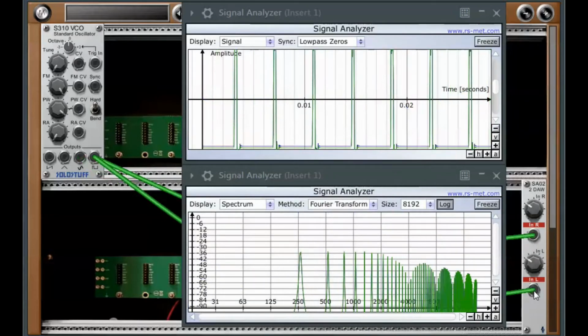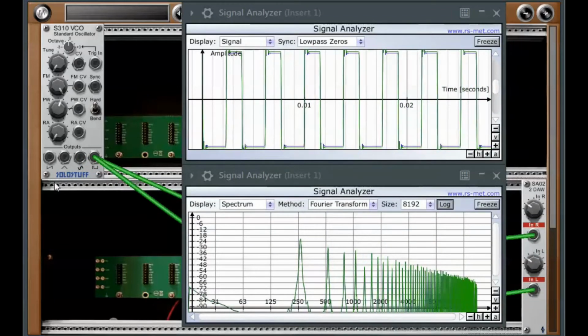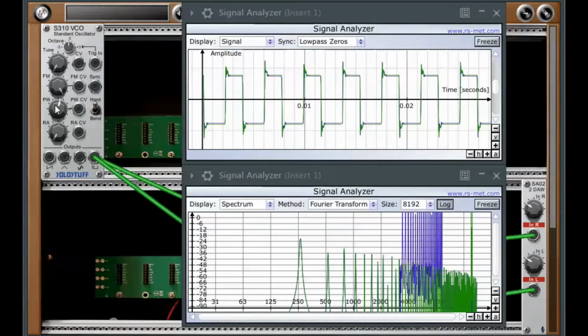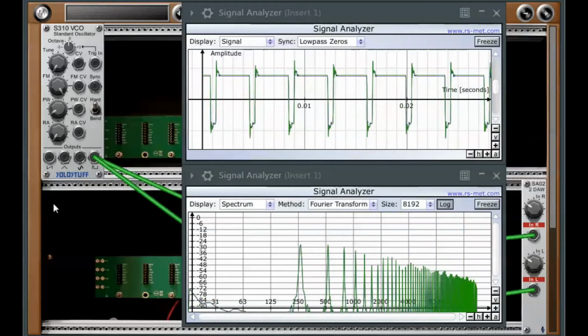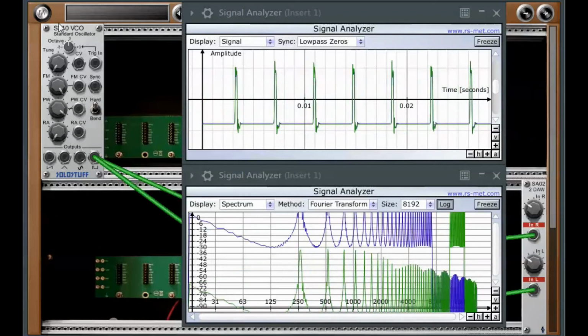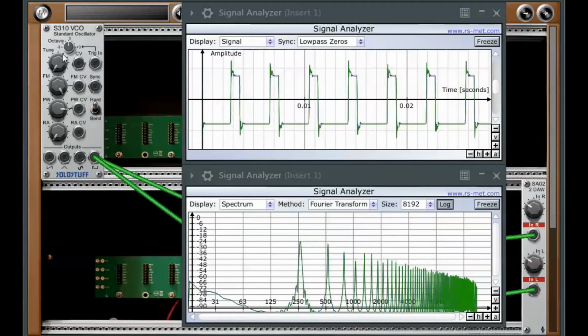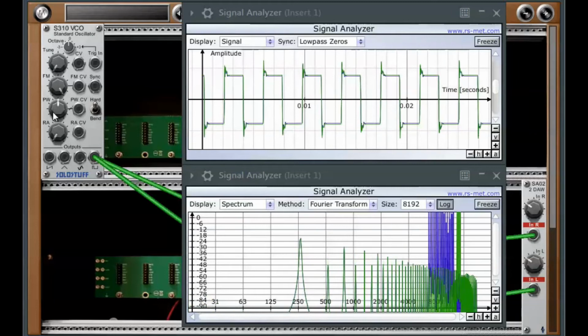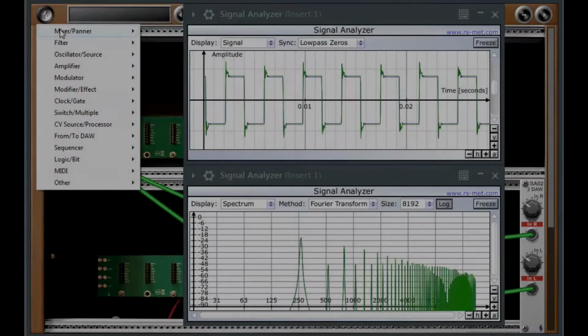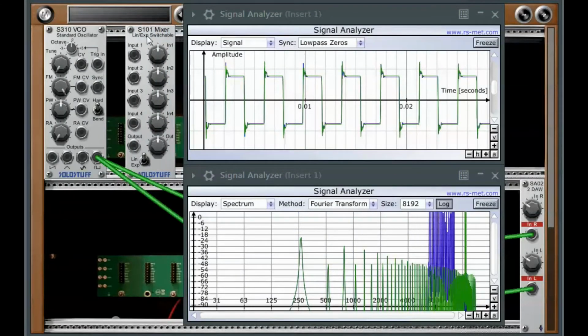And pulse square. More waveforms are available simultaneously. Let me introduce a mixer and demonstrate that.